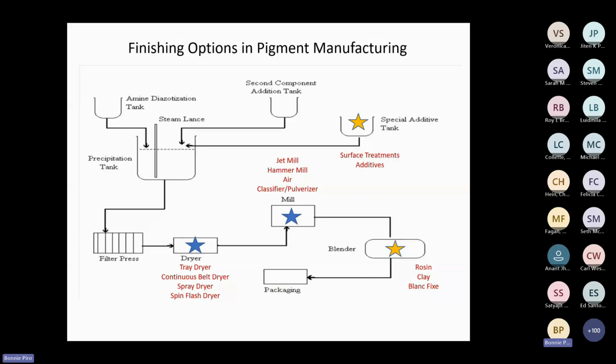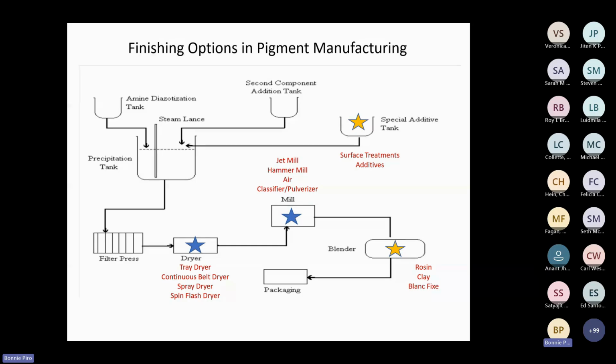So, and this is a very simplified dynamic of pigment manufacturing, but from a chemical perspective, choices are right after the crystal is created. The R&D chemists have a number of choices to use surface treatments or other additives after that crystal is formed to be able to get to that end application that they're designing for.